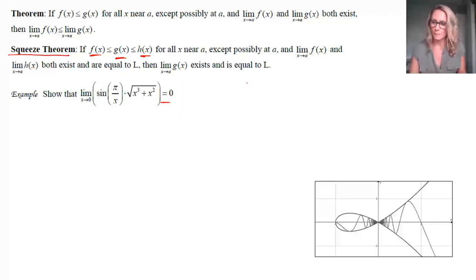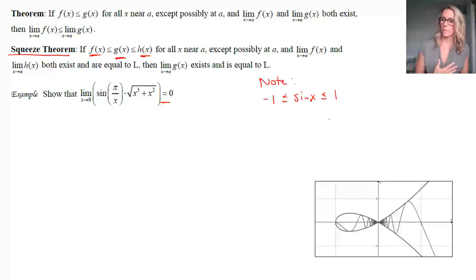So the way that we do that is, first we note something about sine. Sine of x has a range. We know that the y values for sine are always greater than or equal to -1 and less than or equal to 1. And that does not change even if you put something inside.